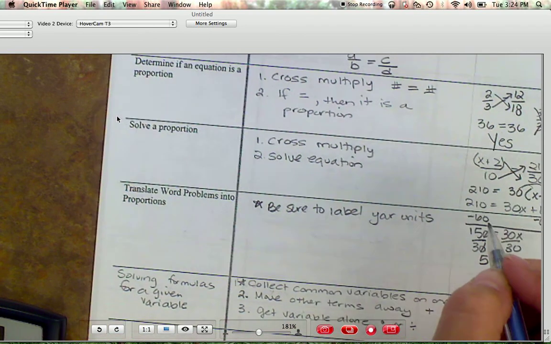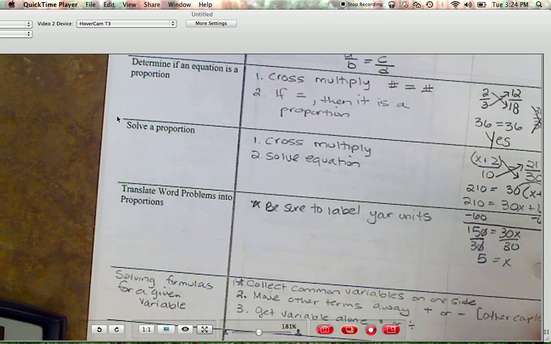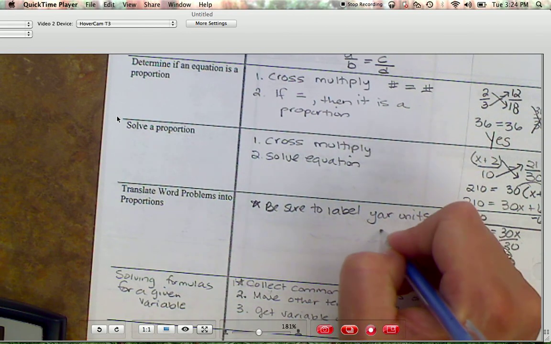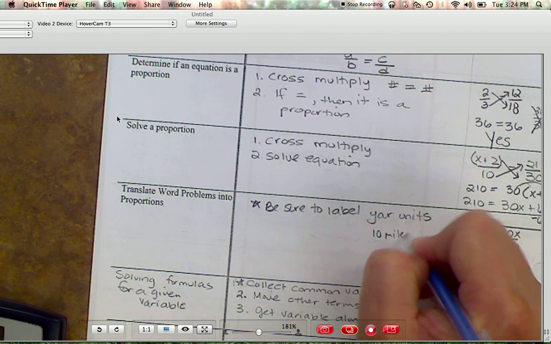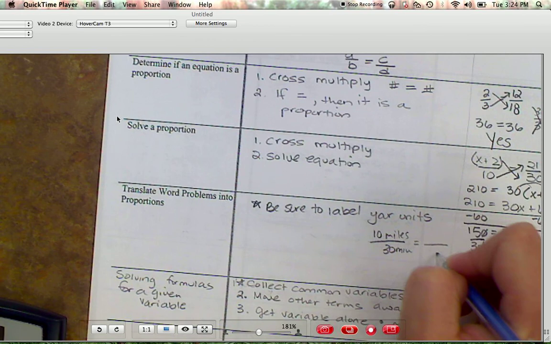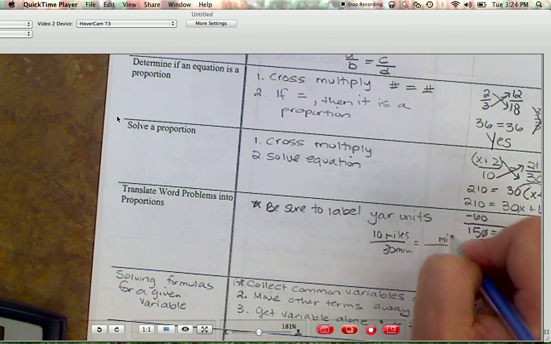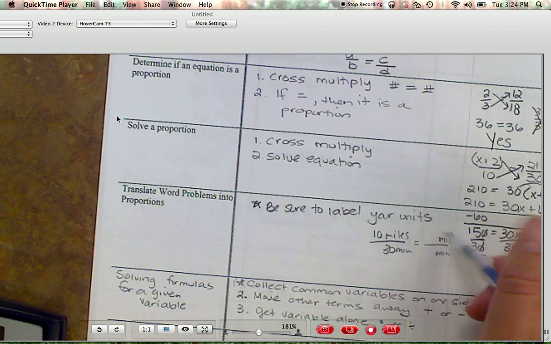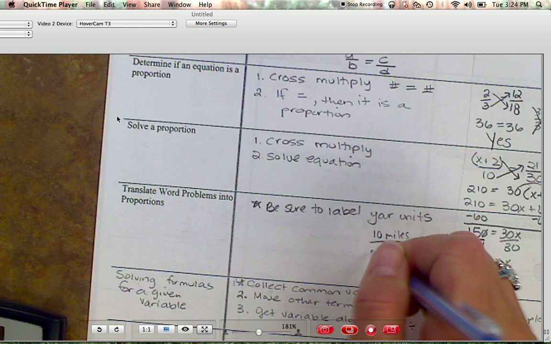Because if you put in one problem, let's see, 10 miles over 30 minutes, and then in the second half you put your miles on the bottom, then the whole thing would be wrong. You would need to put your miles up here and your minutes down here. Okay? It's important that they match up. Miles all the way across the top, minutes all the way across the bottom.